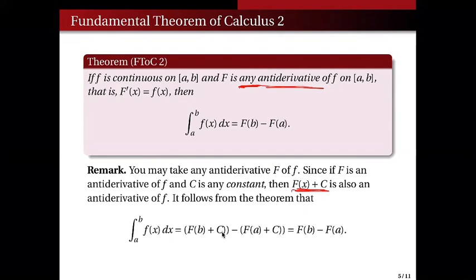That's a constant, it will not change. Minus, and then if you evaluate this function at a, you have capital F of a plus, again, c. And therefore you will see c minus c, so they will just cancel out. Eventually, you'll be left with capital F of b minus capital F of a. Questions?